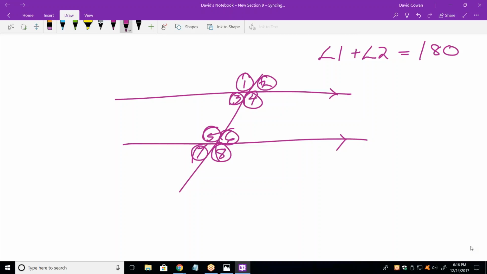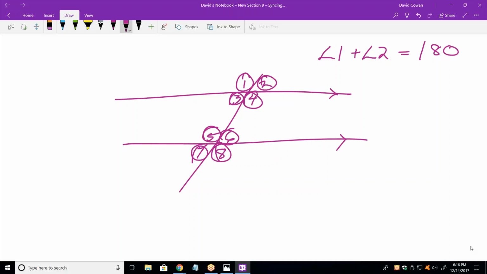Now, in our situation, you are looking at, what's the theorem? Alternate interior angles, which are 3 and 6, and also 4 and 5. 1 and 8 are what?